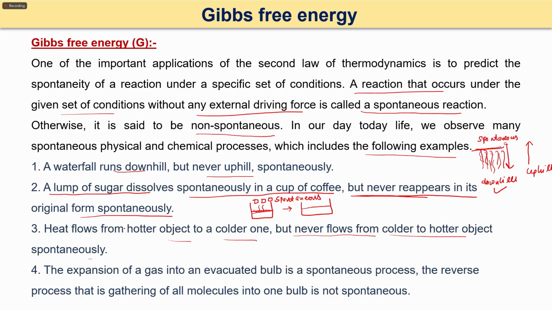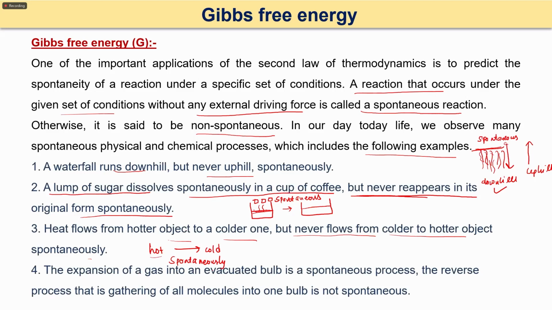The heat flow from hot to cold is spontaneous, but it can never flow from colder to hotter without expenditure of work. So this process is spontaneous, but the reverse is not.